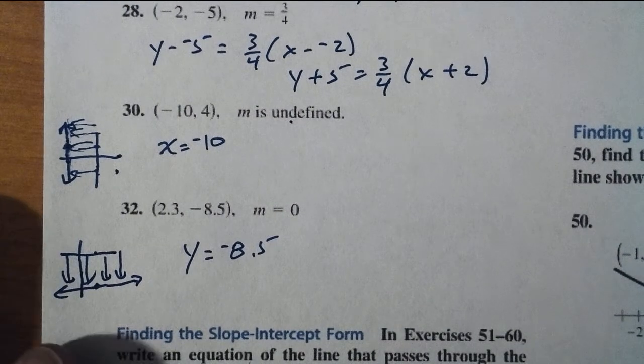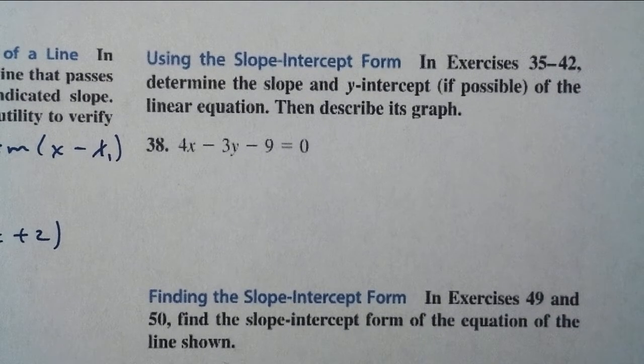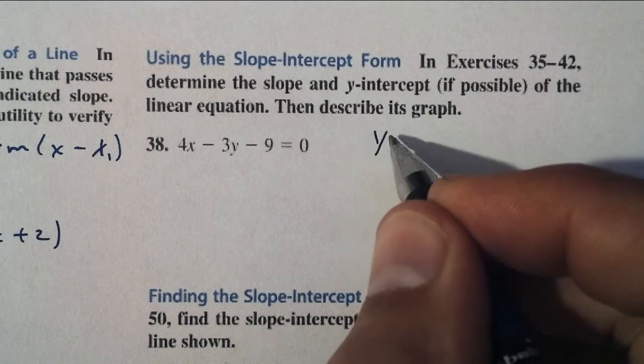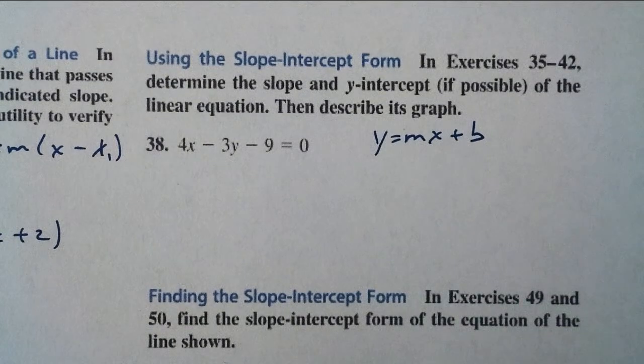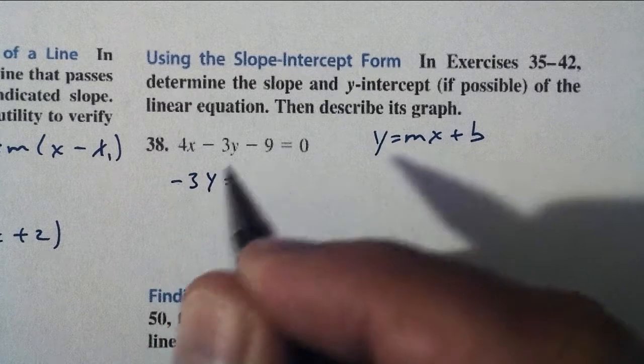All right, let's take a look. Problems 35 through 42. Determine the slope and y-intercept. To do that, I'm going to use slope-intercept form, which you're probably most familiar with, y equals mx plus b. I'll often say slope-intercept, slope starts with s, you can make s stand for solve for y. So I'm going to solve for y. I'm going to leave -3y.